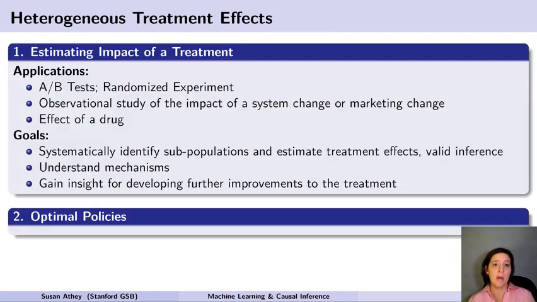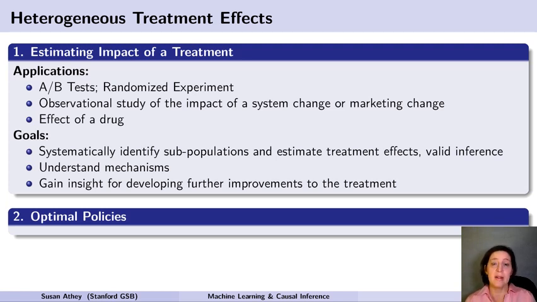So if we're trying to think about heterogeneous treatment effects, there are a number of applications where it can be really useful to estimate not just an average treatment effect, but to understand how treatment effects vary with individual characteristics. One of the examples that really motivated me to study this problem to start with were A/B tests in large technology firms.